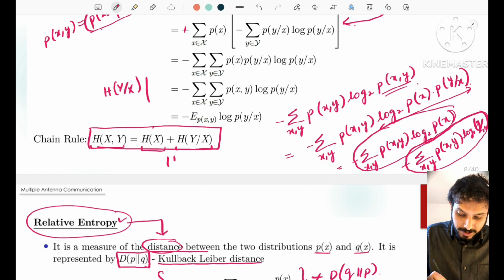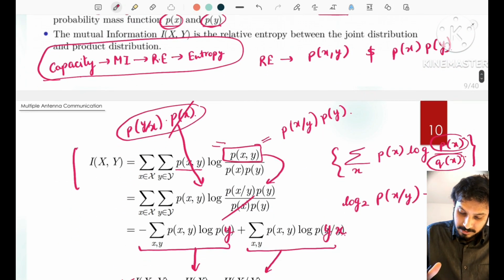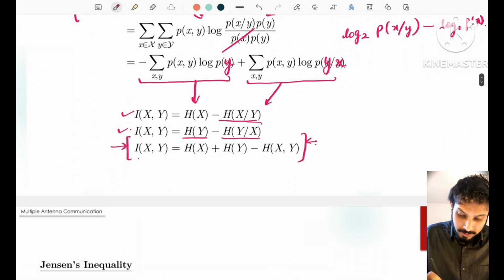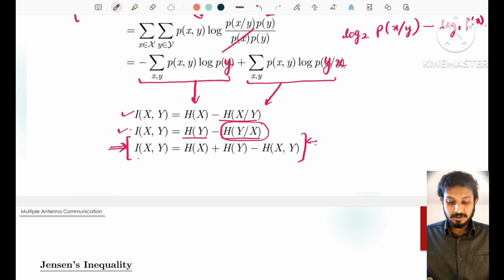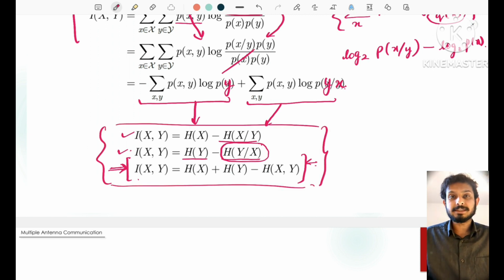From here, if we take out H of y by x, it will be equal to H of x comma y minus H of x. And if we substitute this H of y by x here, then we can get this formula easily. So these were the three important formulas for the mutual information between x and y.